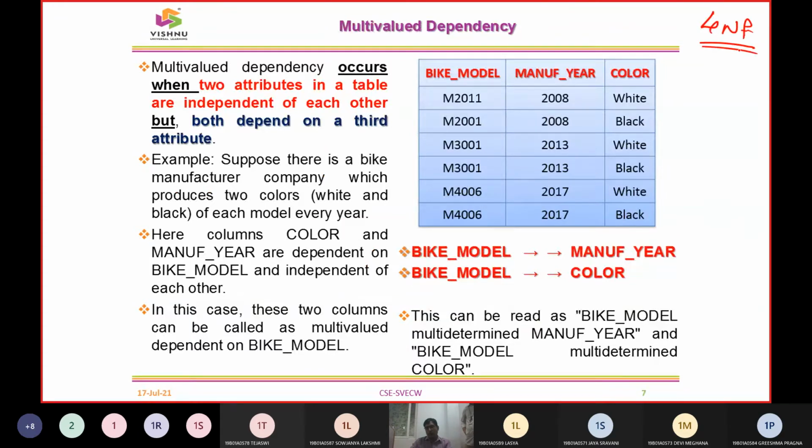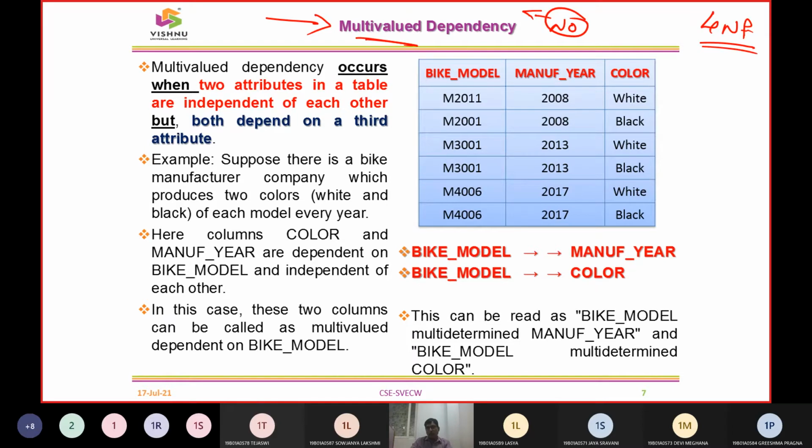When we go with the fourth normal form, the major concern was we shouldn't have multi-valued dependency. There should be no multi-valued dependency at that point of time.